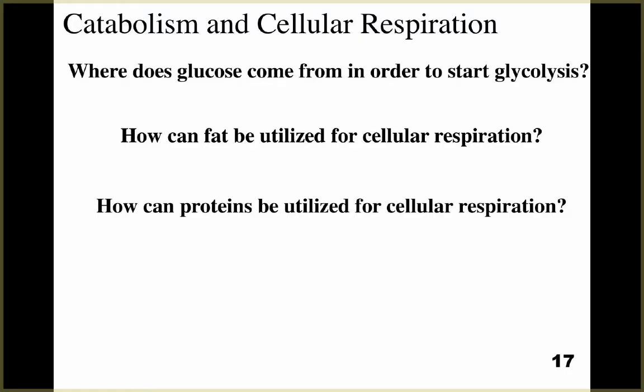And that comes from basically two. Of course, it may come from essentially eating different forms of, or eating carbohydrates, glucose specifically. But it can also come from essentially body stores.